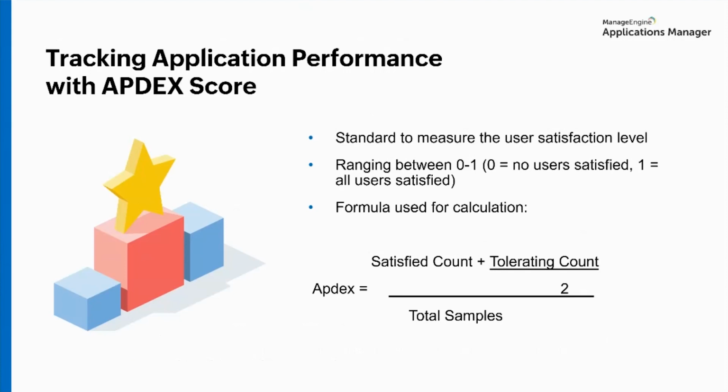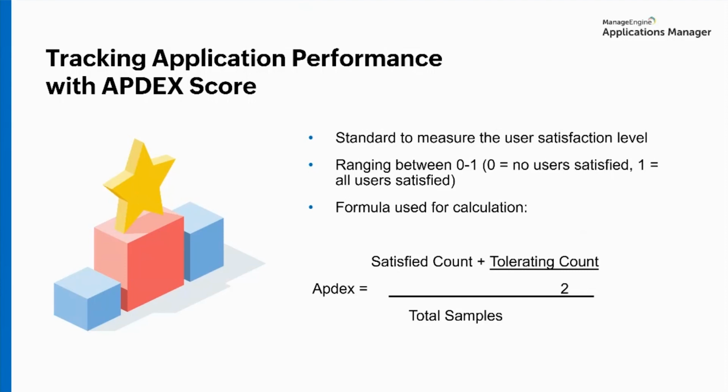So, the tracking of application performance with the Apdex score. Application Performance Index or Apdex score is a standard metric to measure the user satisfaction with application response time. The Apdex scale ranges from 0 to 1, with 1 being the best score representing excellent user satisfaction.